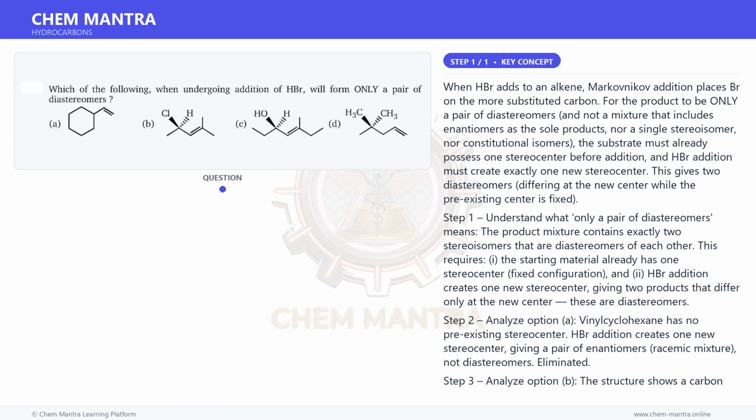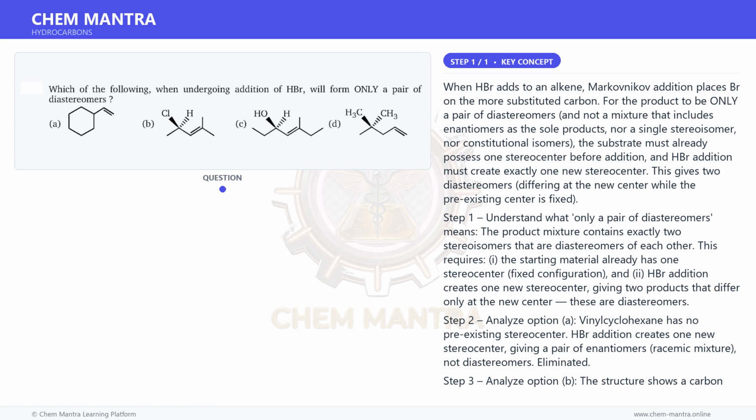Step 4. Analyze option C. The structure shows a carbon with HO, wedge, and H bearing an ethyl group, a pre-existing stereocenter with fixed R or S configuration. This carbon is adjacent to a trisubstituted alkene, 2-methylbut-2-ene type. HBr adds, H goes to the less substituted end, Br goes to the more substituted carbon, Markovnikov, creating one new stereocenter.